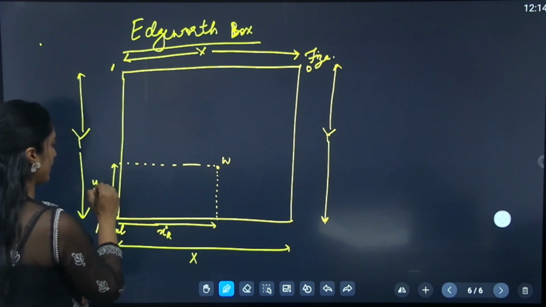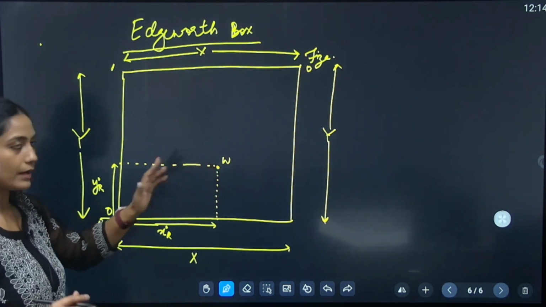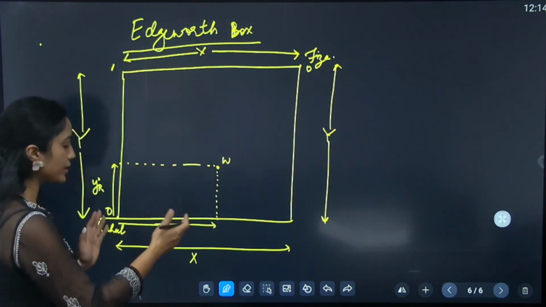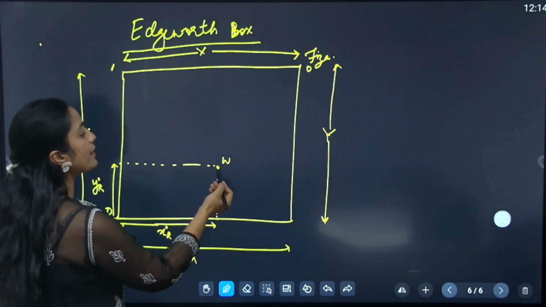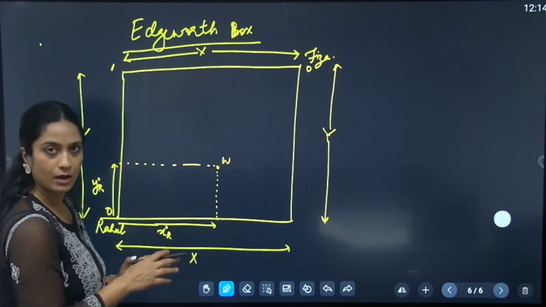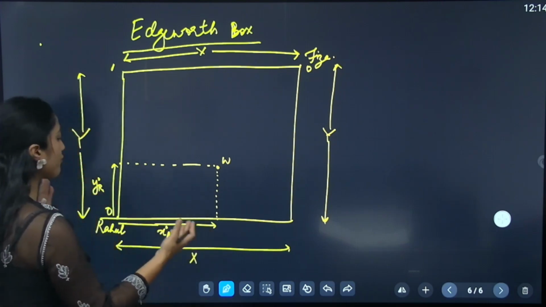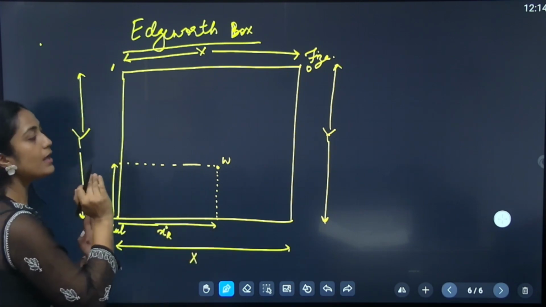So this is yr naught. So this bundle marks Rahul's initial endowment of goods x and y. So this amount of x and this amount of y.